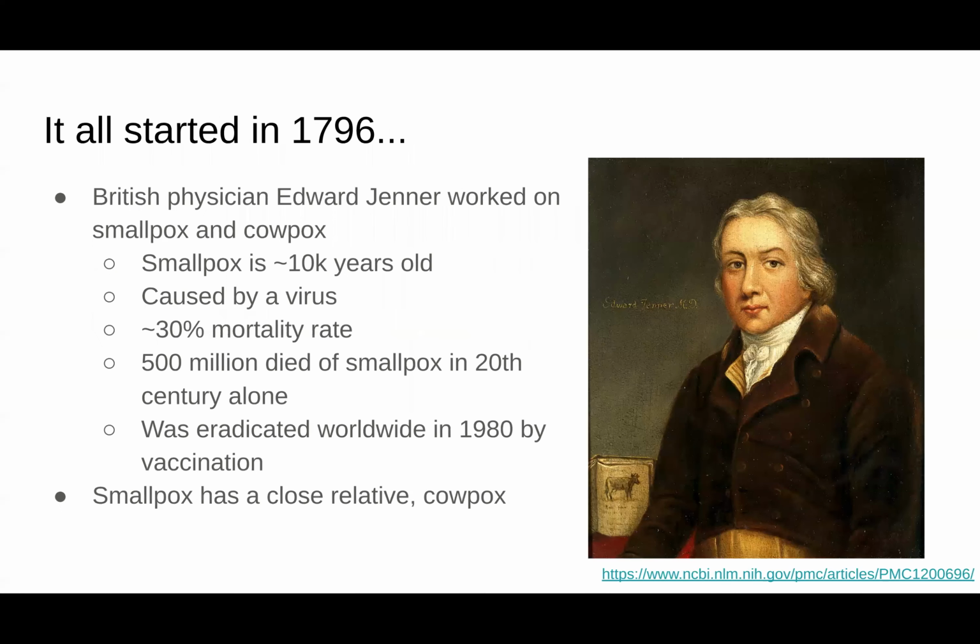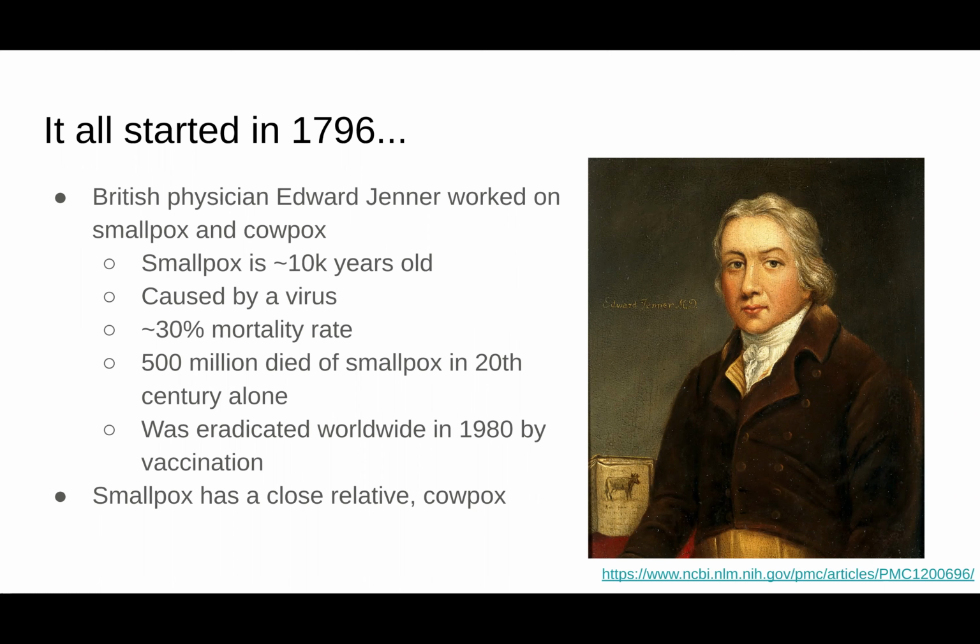So in terms of vaccines, it started much longer ago than most people think. It started in the late 1700s, and it was all led by a physician, Edward Jenner. And he worked on one of the most infectious diseases of all time, smallpox, and on smallpox's less deadly cousin, cowpox. Now, smallpox, as we talked about, was eradicated on this planet in the 1960s.